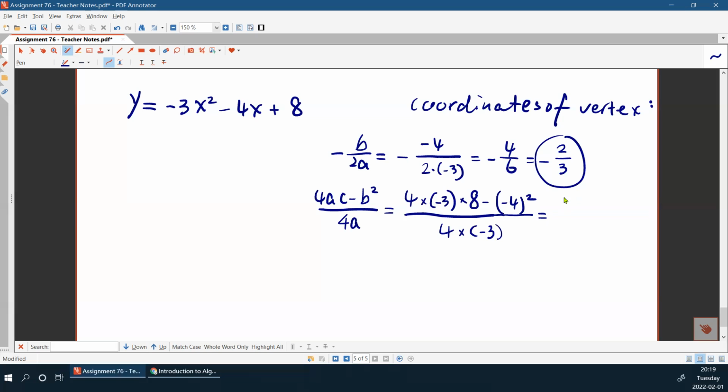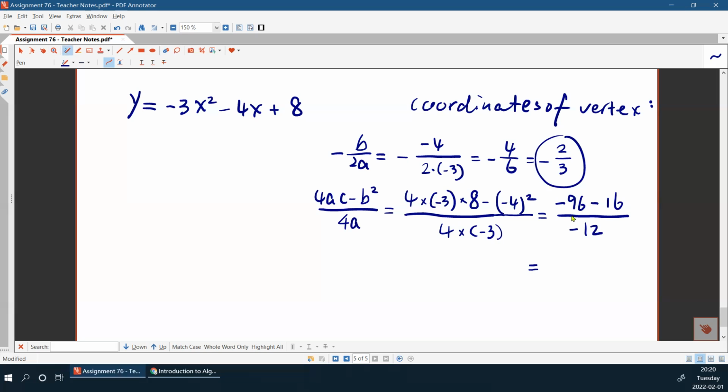Negative 96 plus 16. 3 by 2 is 12, 12 by 8 is 96, right? Plus 16, minus 16.